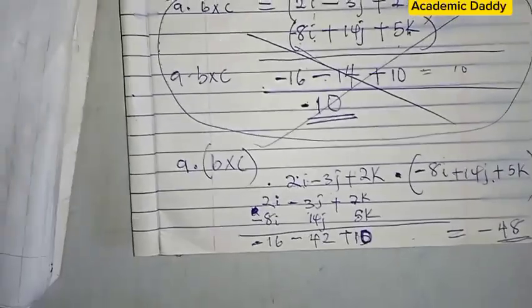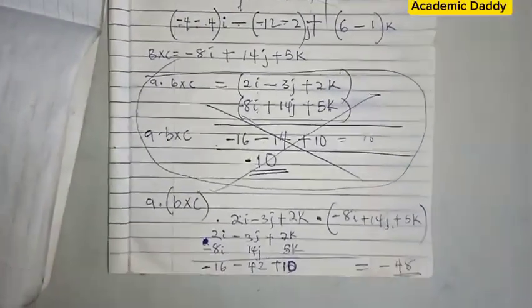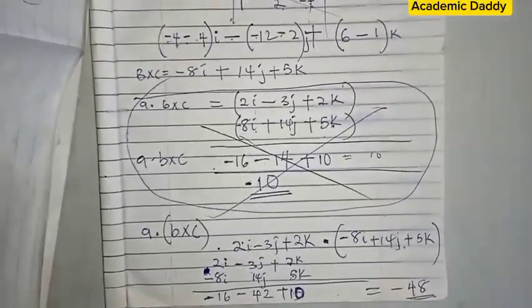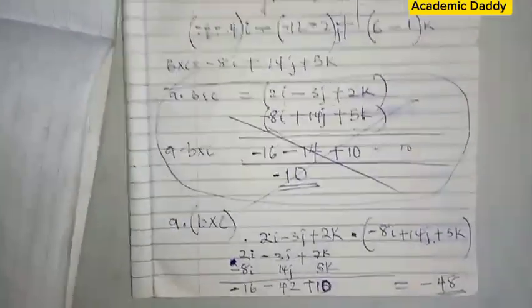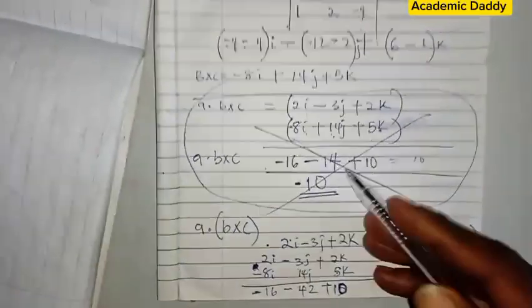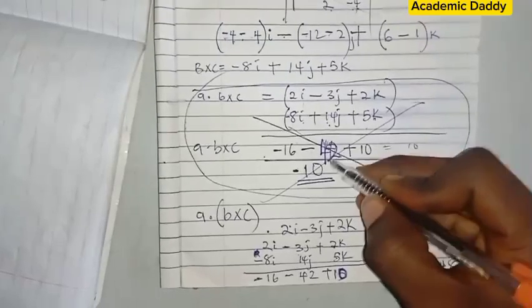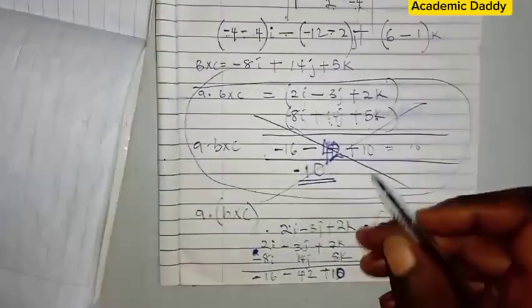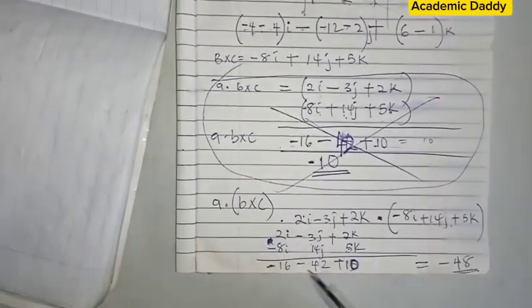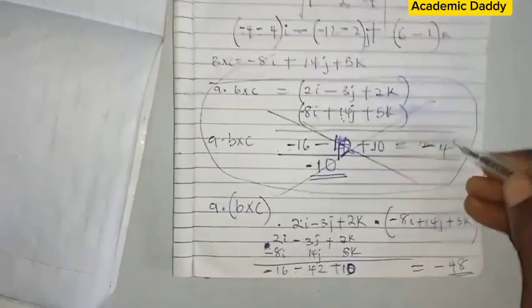So even the first time we did it, whichever way you do it, so far as you understand how dot product is done, you are going to be correct. I think the problem we had in the first one, when I checked it, is that we did 3 times 14 and we wrote here 14, which is supposed to be minus 42. Then by the time you add it, what you have here is the same thing we have here, which is going to be minus 48.